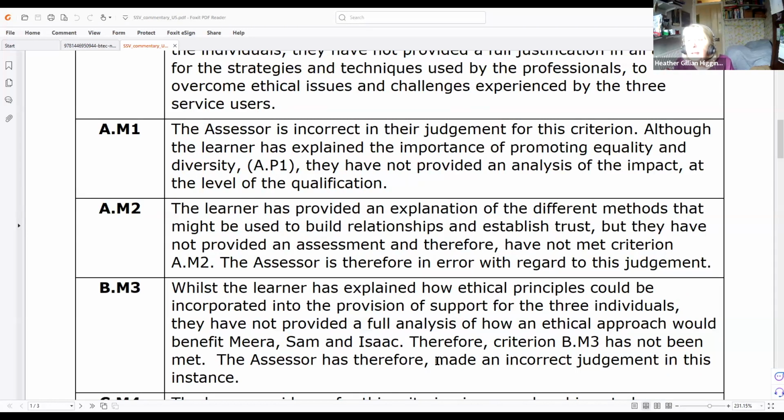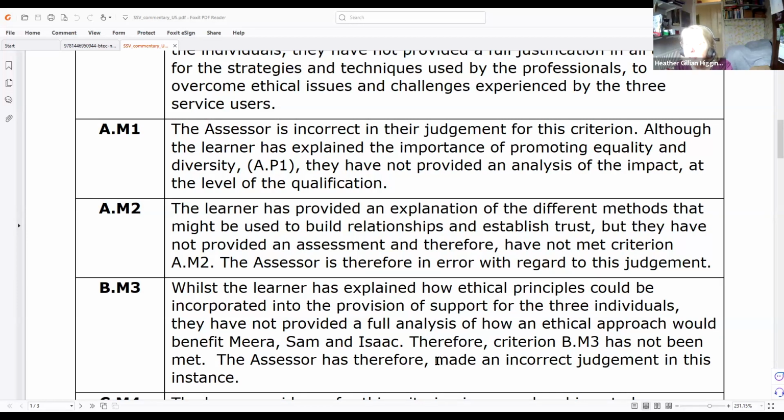BM3, while the learner has explained, I've been very harsh, aren't I? But you cannot give marks away where learners have not earned them. While the learners explain the ethical principles, how they could be incorporated, they've not provided, again, a full analysis of exactly how the ethical approach would benefit Mira, Sam, and Isaac.